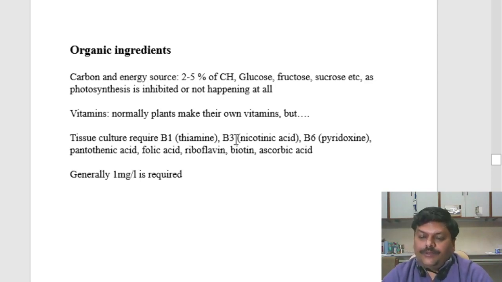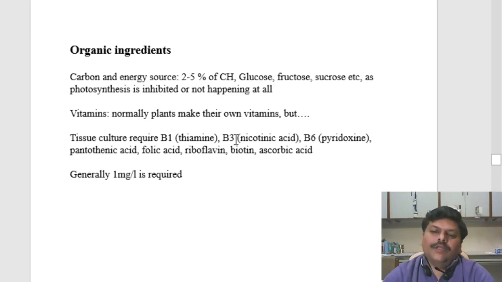Like animals, plants also need the same types of vitamins, vitamin A, different vitamin B, and vitamin C. So in defined media we provide a defined concentration of vitamins, also vitamin B1, B3, and B6, and other vitamins. Generally, these vitamins are provided in a concentration of 1 milligram per liter, or even less.